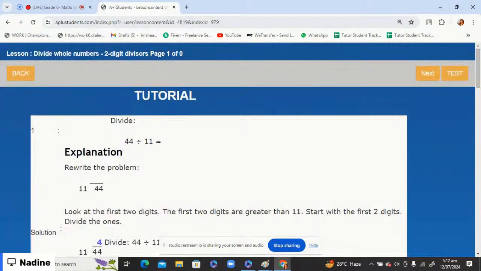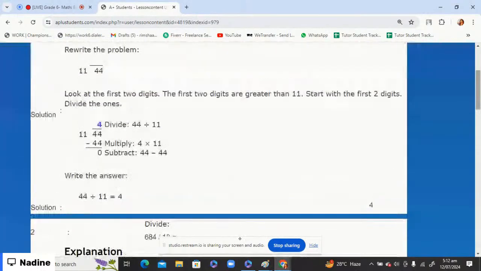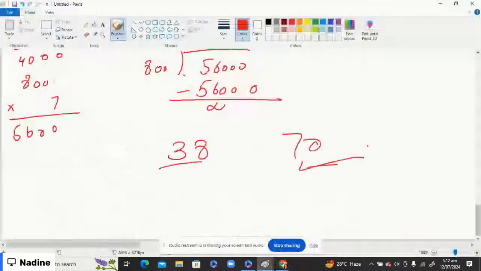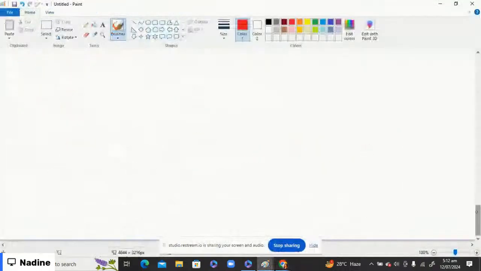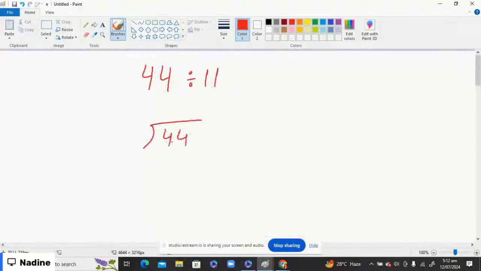It's 44 divided by 11. Look at here the method now. You guys, look at here carefully. 44 divided by 11. How can we solve it? Putting 44 inside of the division, 11 is outside of the division.